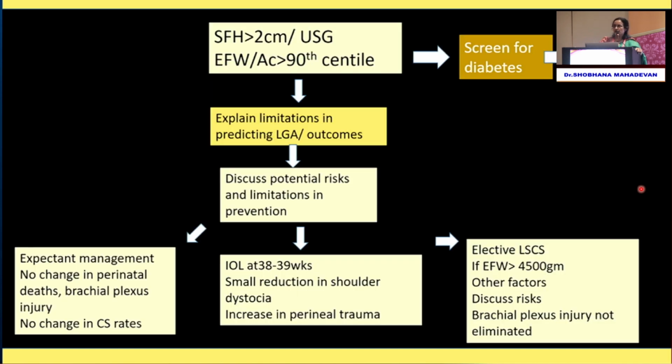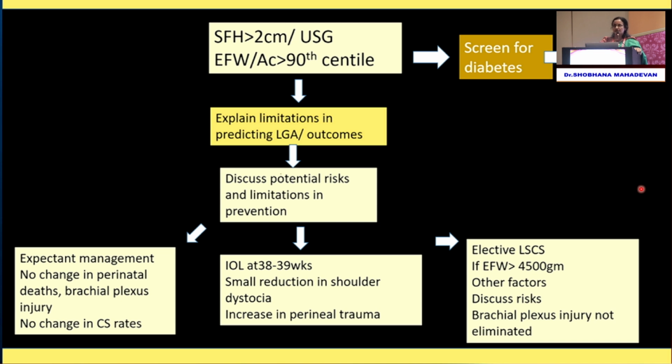So, an algorithmic approach to an LGA fetus: screen if possible with clinical findings or with ultrasound, screen for diabetes and refer appropriately, and explain the limitations in our diagnosis and outcomes to the couple.